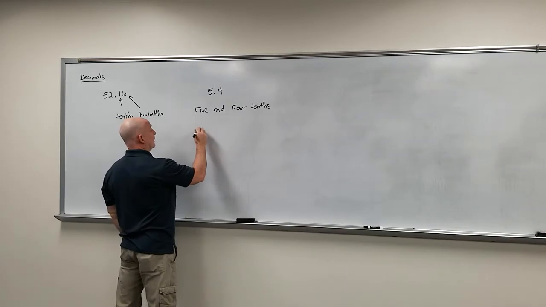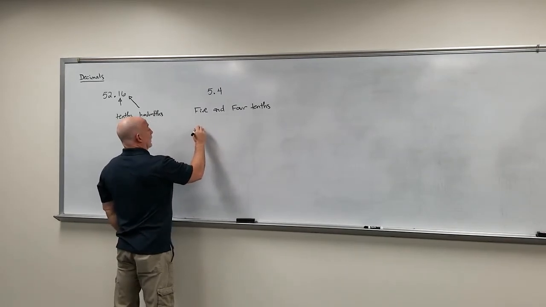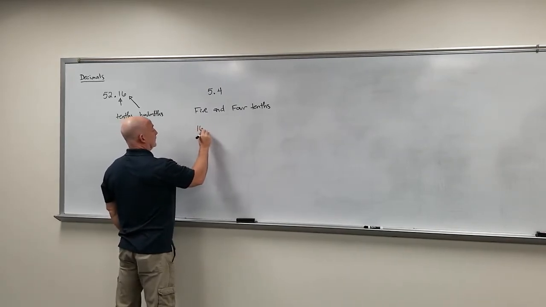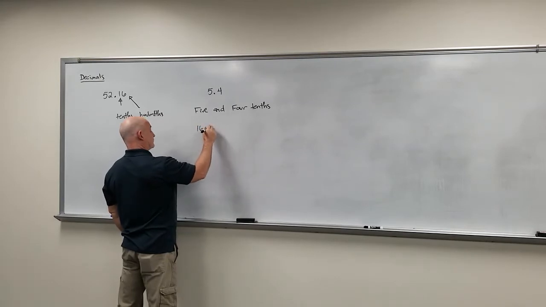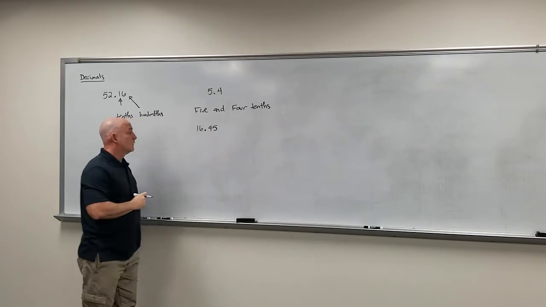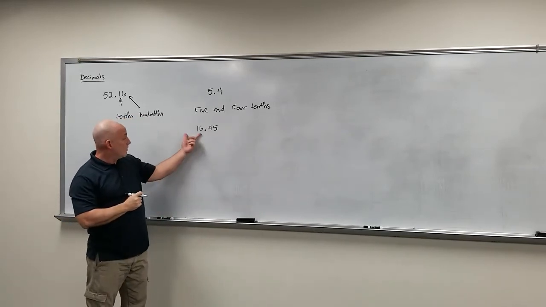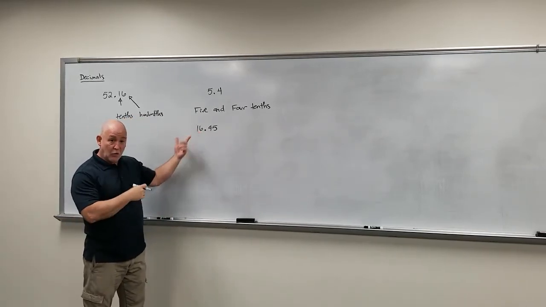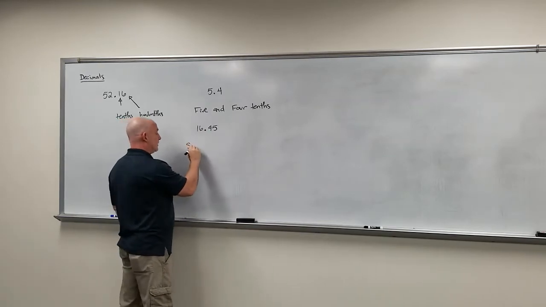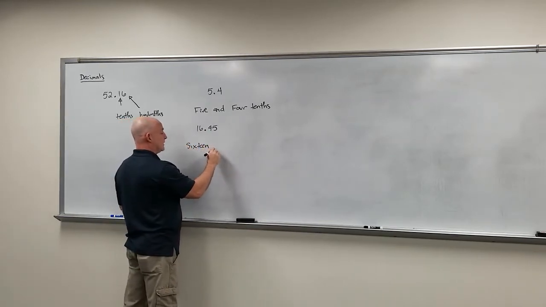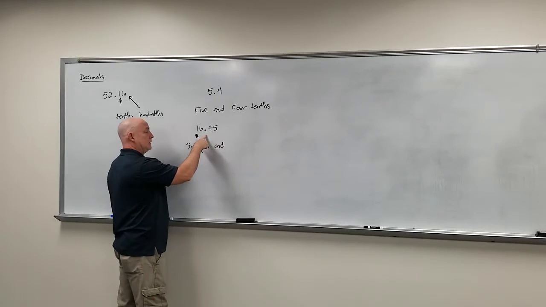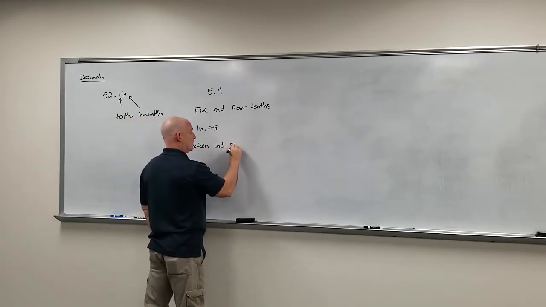So let's try another one. What if we had, I don't know, okay, so we start with the number on the left side of the decimal, the whole part of the number. So this would be 16 and 45.